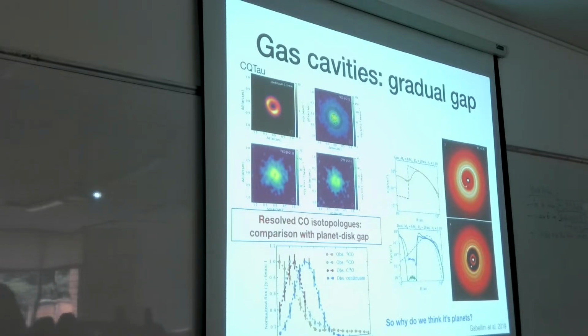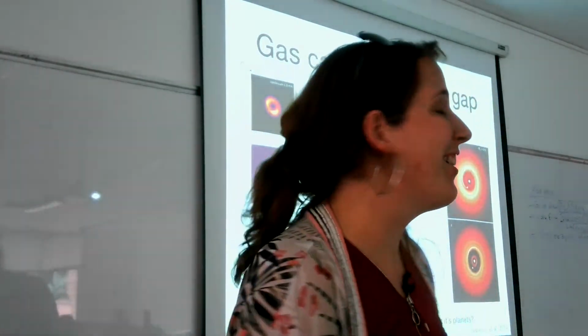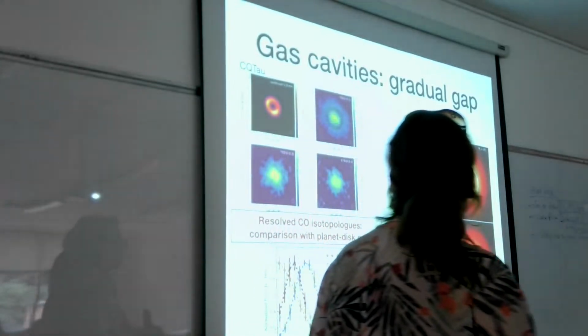So we cannot observe H2 with ALMA. The next most abundant molecule is CO, and after that you have other molecules. CO is still very tricky, and I'll show that tomorrow, but this is the best we have.